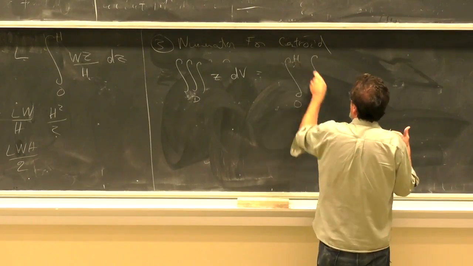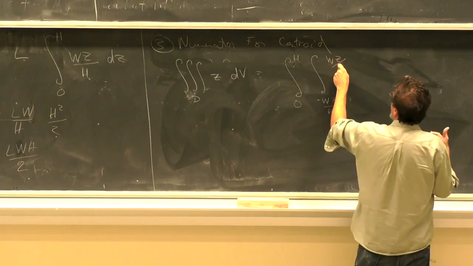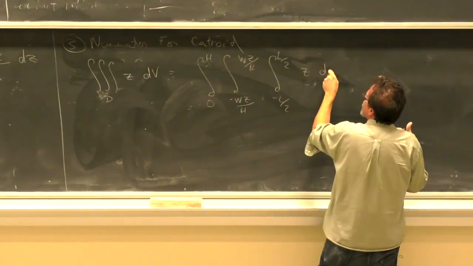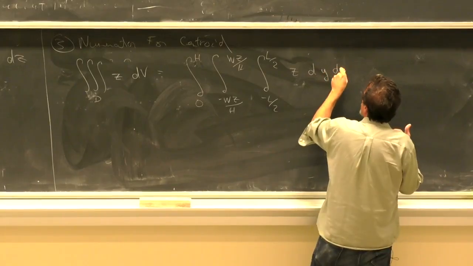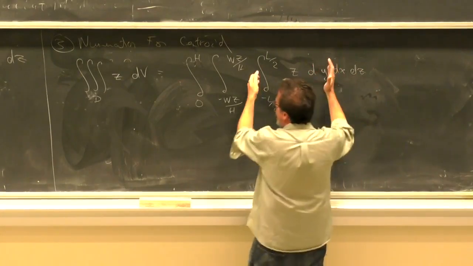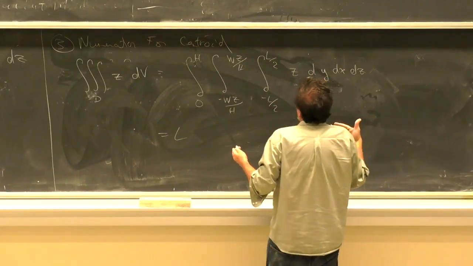So it's going to be 0 to h, negative wz over h to wz over h, from negative L over 2 to L over 2, z dy dx dz. The y part of it just pops out an L. That's why I made it so simple there. So I'm not really doing a triple integral.